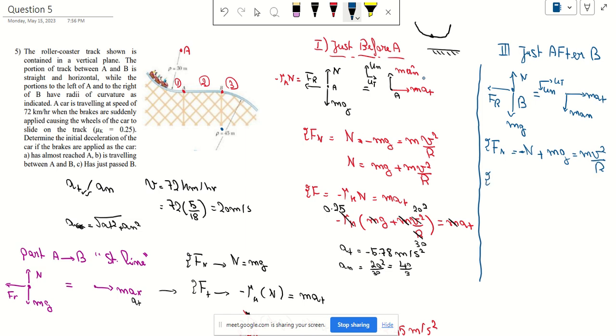And summation F_t is equal to negative mu_k times N equal to m a_t. Negative mu_k times N, which now is equal to mg plus m v squared over rho, or r, is equal to m a_t.